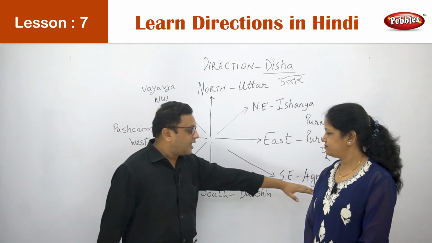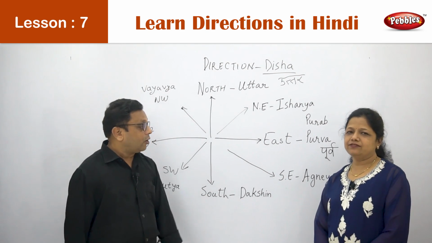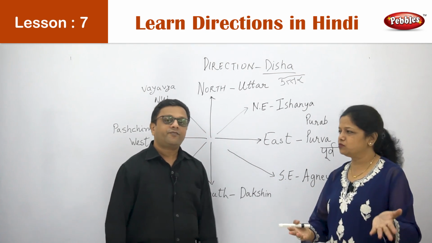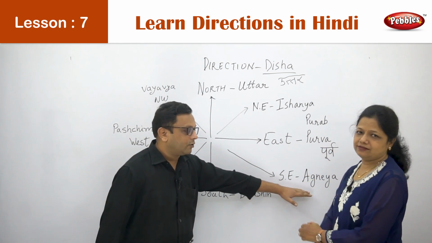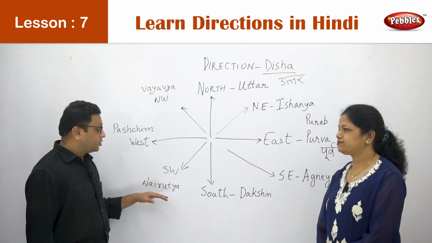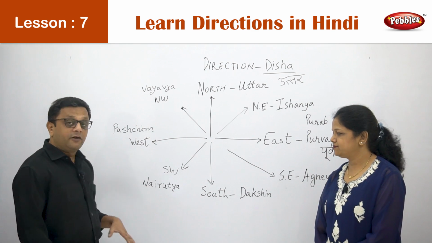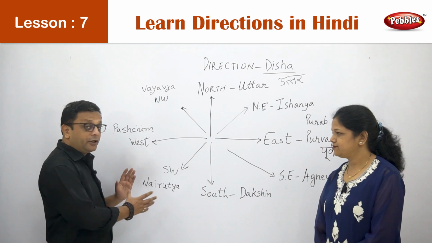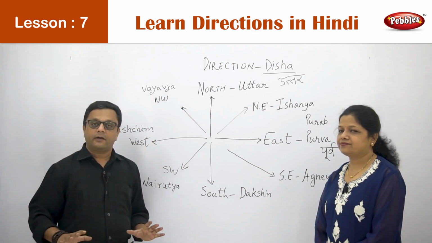Now this is Agneya. Generally in Indian culture, your kitchen, where fire is used more, is always kept in this direction. Now this is the southwest, Nairutya. This is called the heaviest side. Whatever you keep in your house in this direction will always remain there.